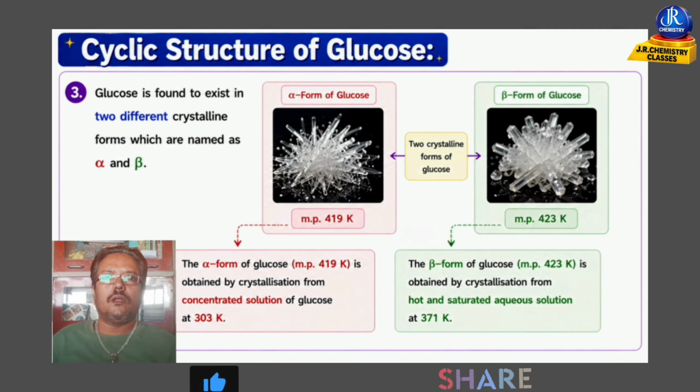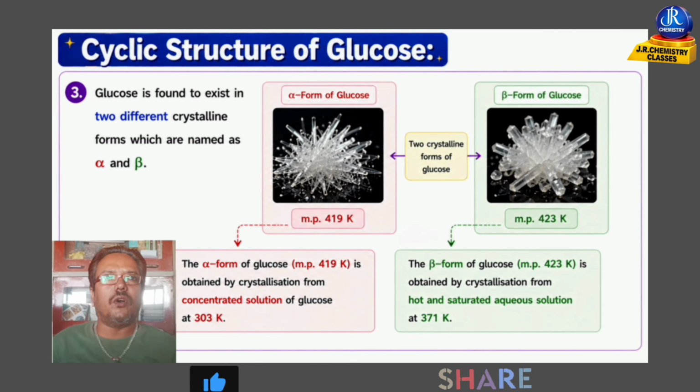Number three, glucose is found to exist in two different crystalline forms, which are named as alpha and beta.